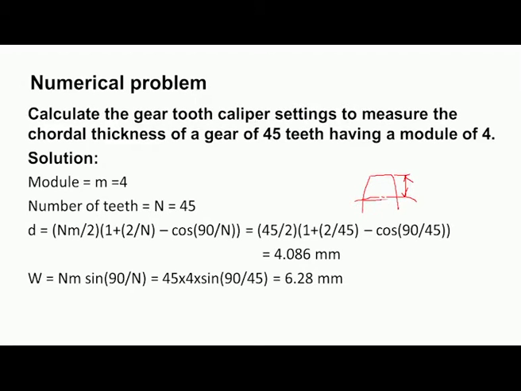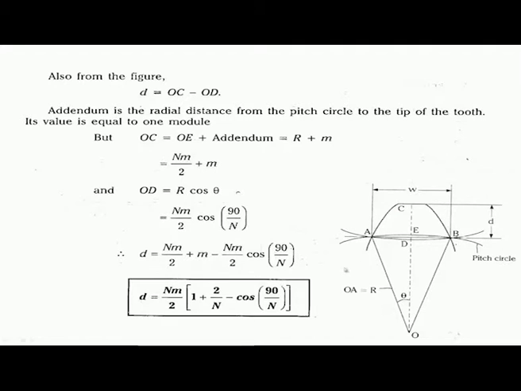So, this is the chordal thickness W. We should find out the value of D, which can be set in the vernier caliper, and then we can measure W. So, chordal depth is equal to Nm by 2 times (1 plus 2 upon N minus cos 90 by N), which we derived here.